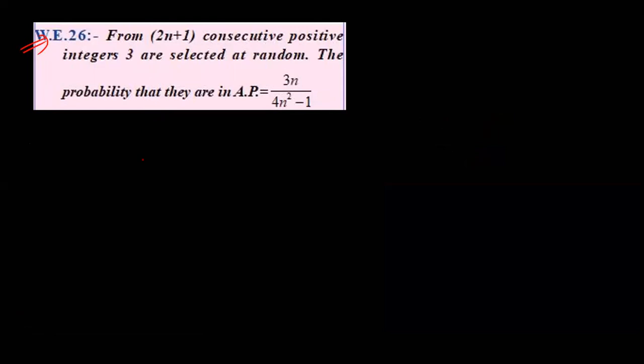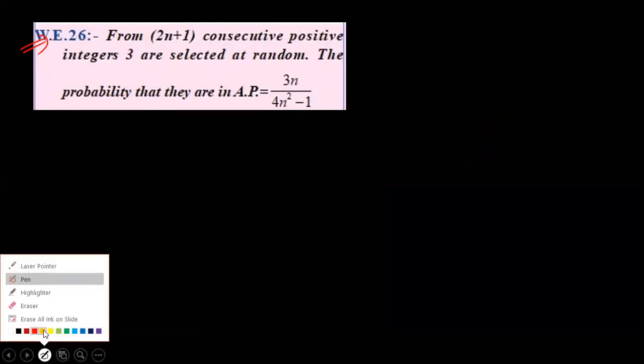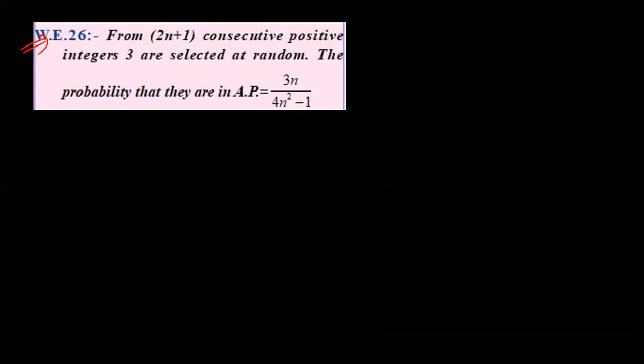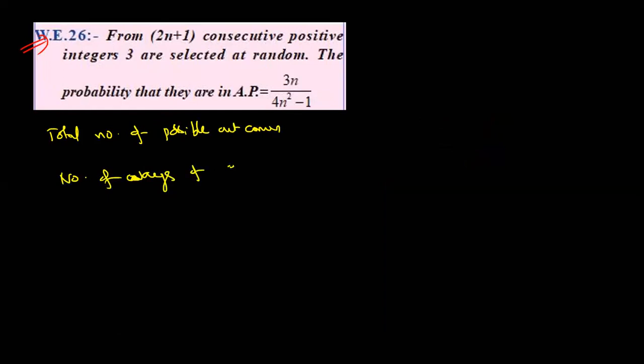And what is the probability that they are in AP? What is the meaning? First of all, what are the possible cases? Total number of possible cases, possible outcomes. What are they? Tell me. Means number of ways of choosing three numbers.